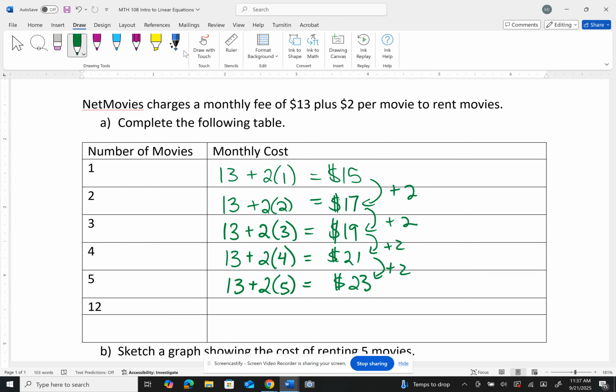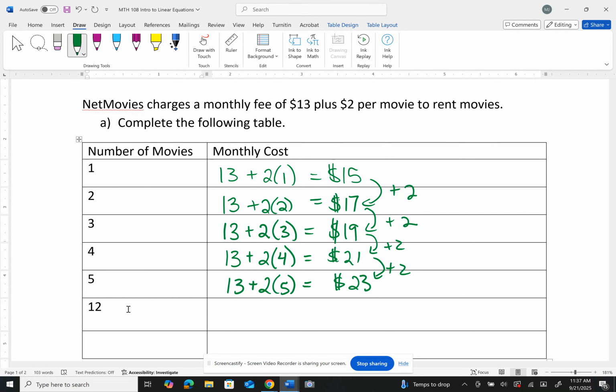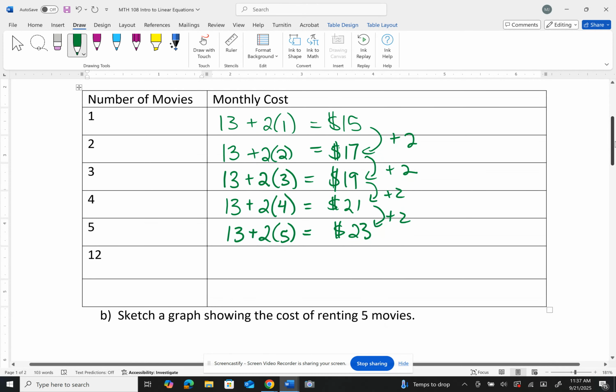Now, when you get to making a jump, like I'm having you do here, seeing how much it would cost to rent 12 movies, that's when it's a little harder. You still could do it, still could think about making the jump, but it's not just going to be $25, because I was going up by just one movie each time.